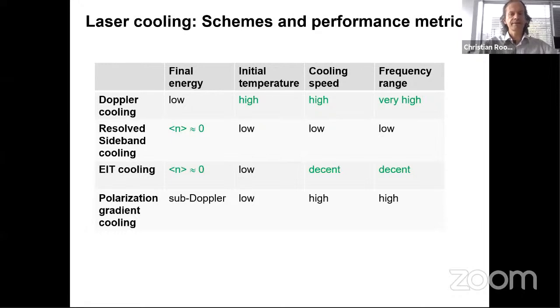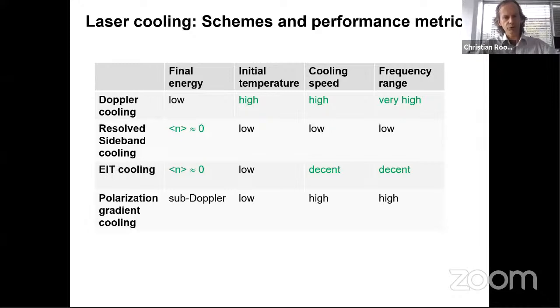The only drawback is that the final energy is not so low. And typically with Doppler cooling, you are able to cool ions into the Lamb-Dicke regime, or close to the Lamb-Dicke regime. That is, you can localize ions on a length scale that is either comparable or small compared to the wavelength of the laser light that is being used for laser cooling.